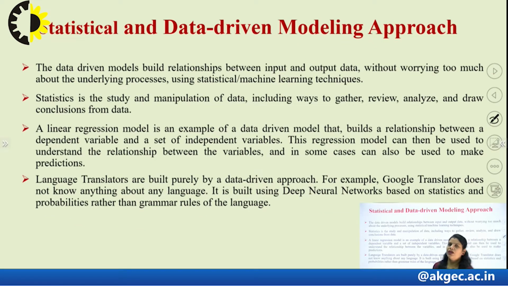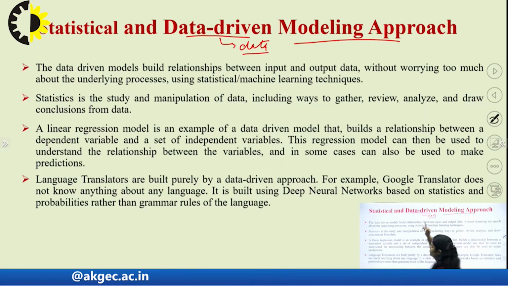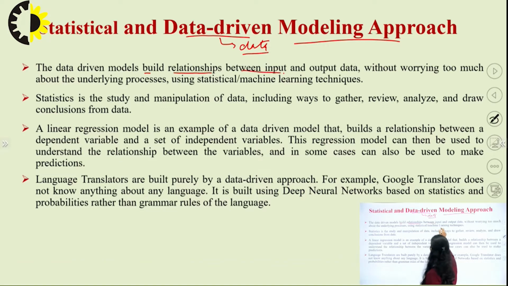Next, we come to the statistical and data driven modeling approach. Data driven means it is based on data. A data driven modeling approach builds the relationship between the input and output data.